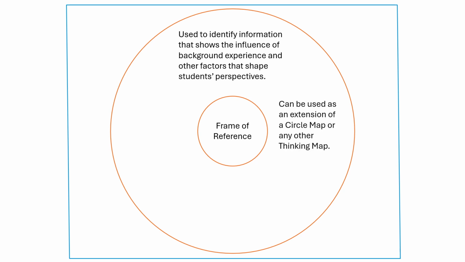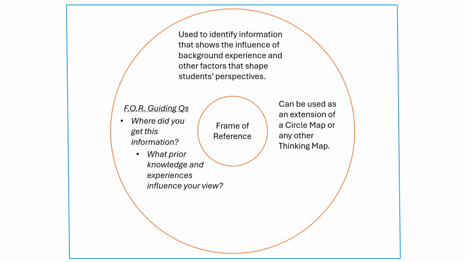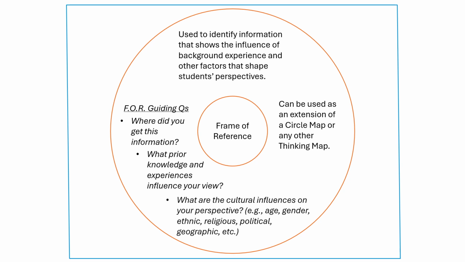It can be used as an extension of a circle map or any other thinking map. It's used to generate guiding questions. For example, where did you get this information? What prior knowledge and experiences influence your view? And what are the cultural influences on your perspective? For example, age, gender, ethnic, race, religious, political, geographic, etc.